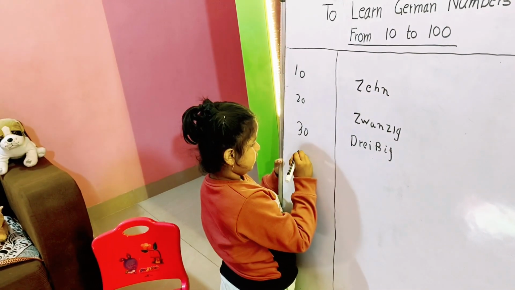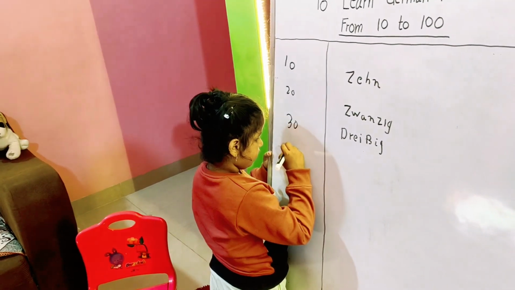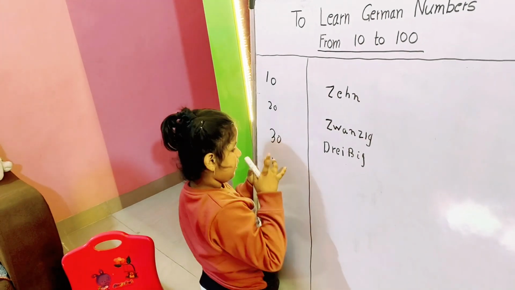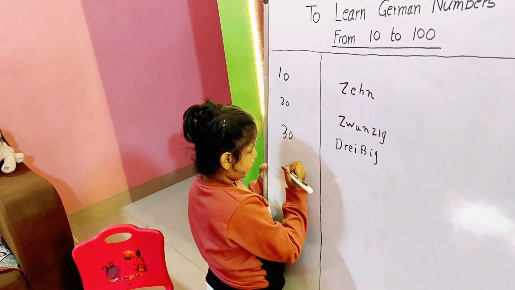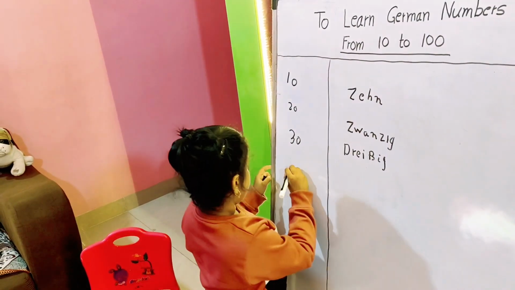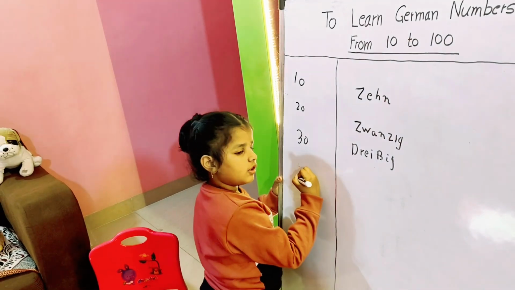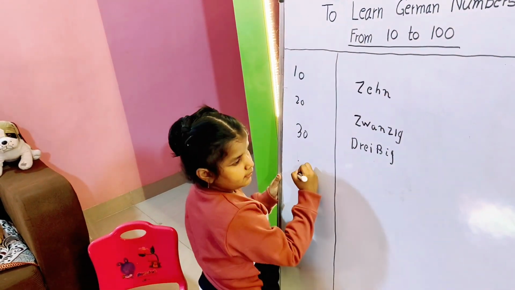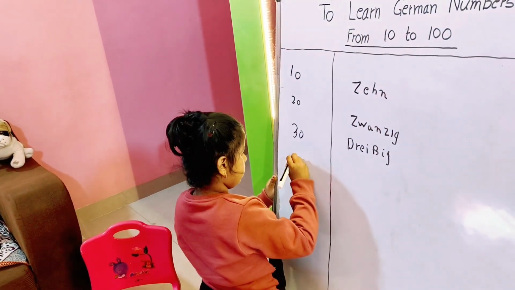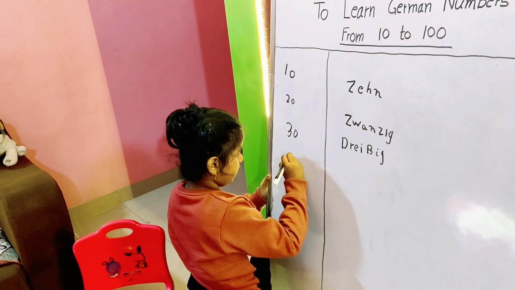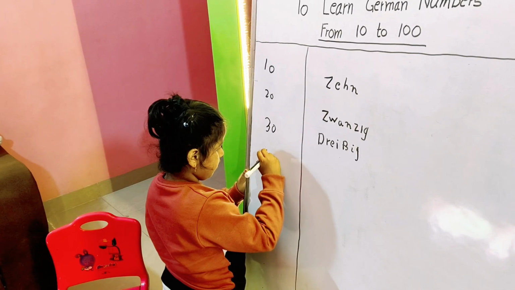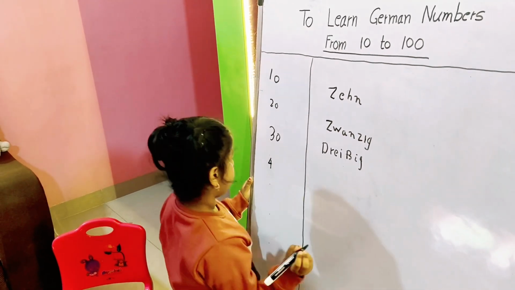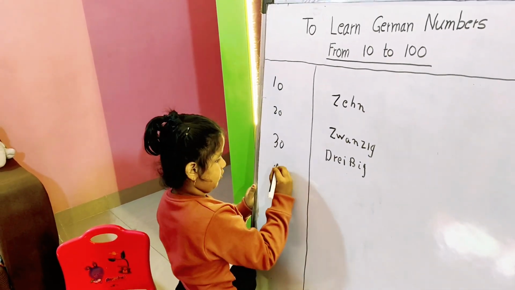Dreißig. Now 40. What will we say in German? 40 is vierzig. First I will write 4 and 0.